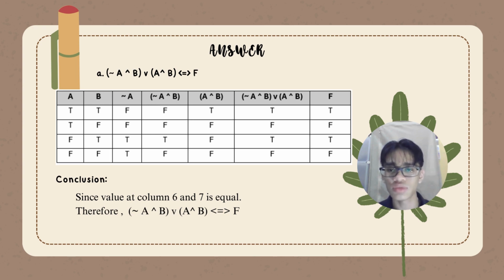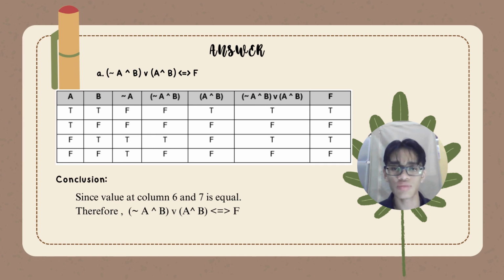Third column, negation of A, not A. We negate the truth value from A, so it will become false, false, true, true. Fourth column, not A and B, conjunction. We take the truth value from column not A and also B, so it will return false, false, true, false.